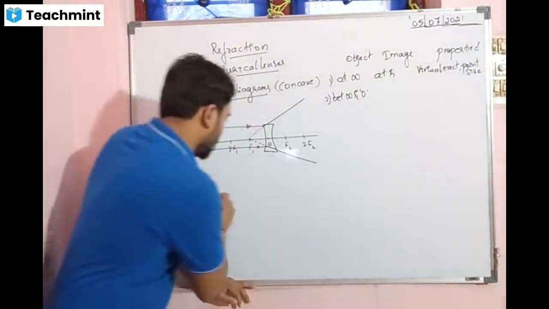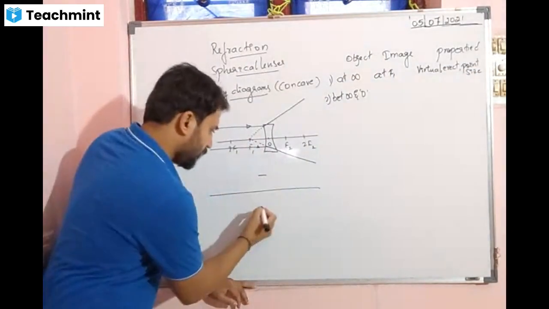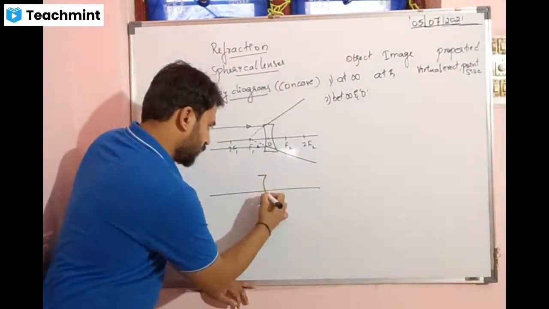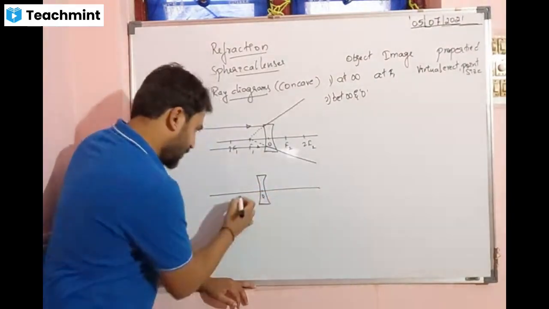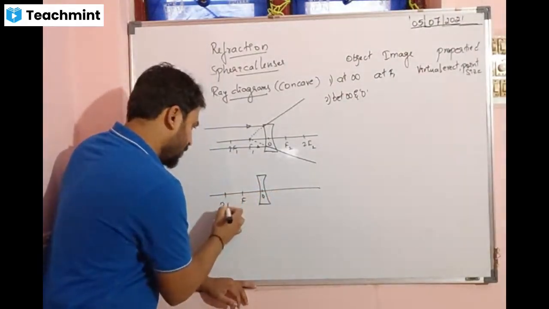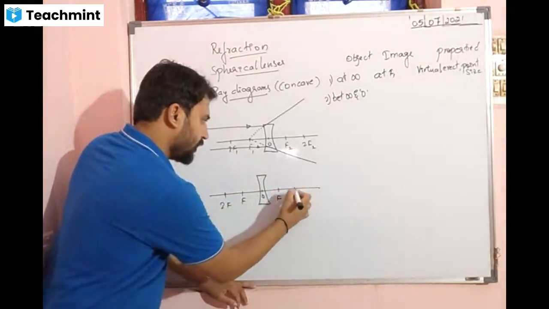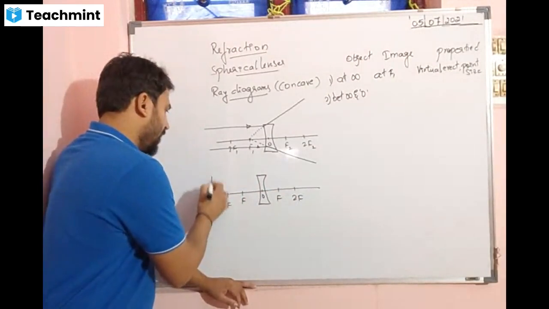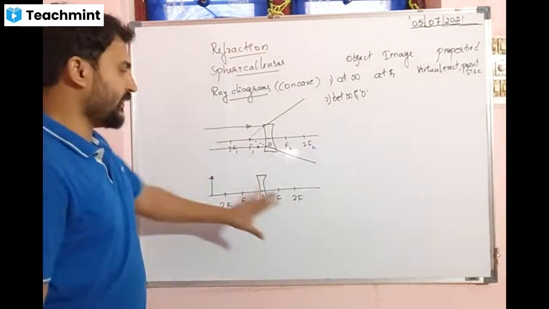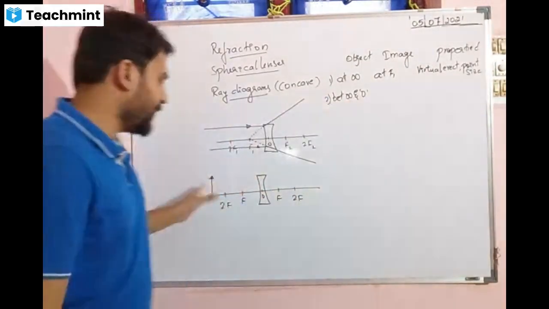The second one, optic center, F1, 2F1, F2, 2F2. The object is somewhere between infinity and O, anywhere.